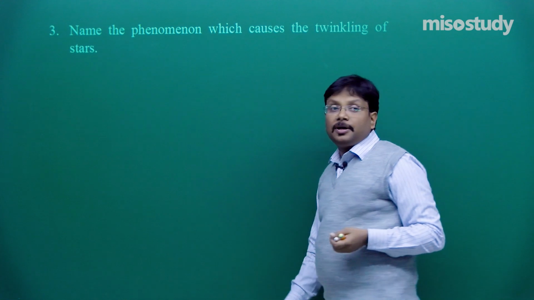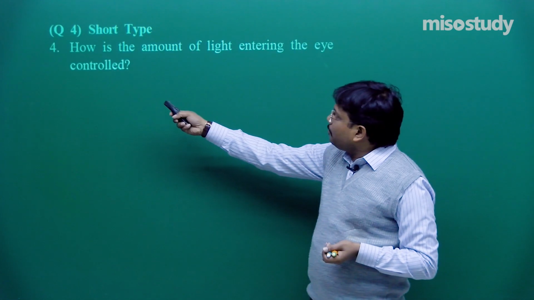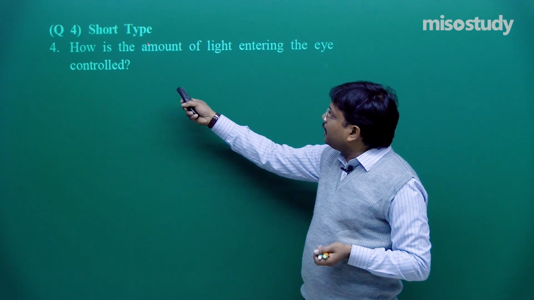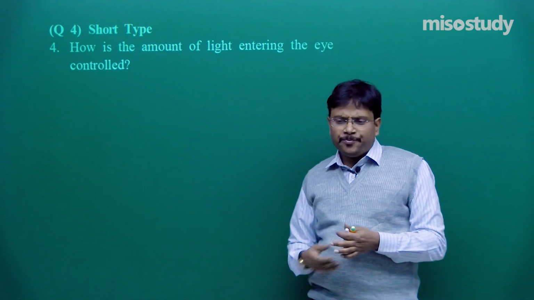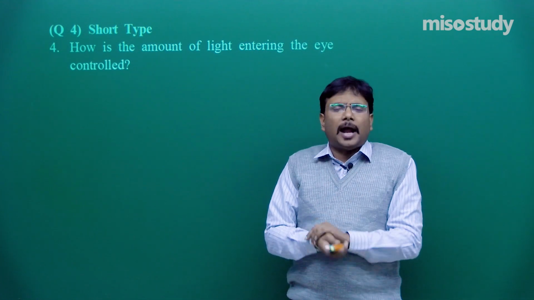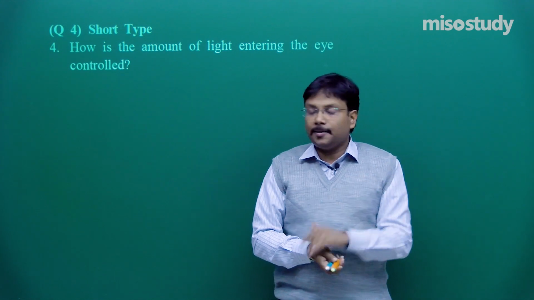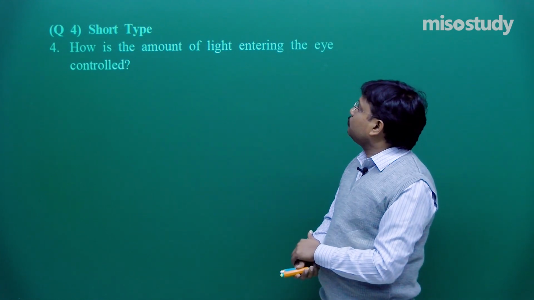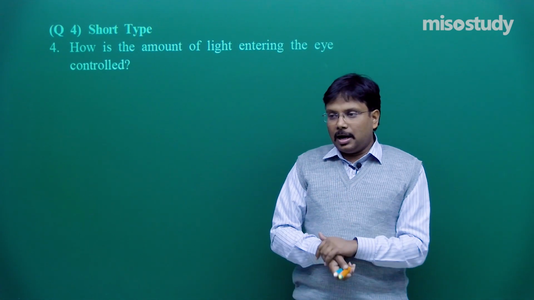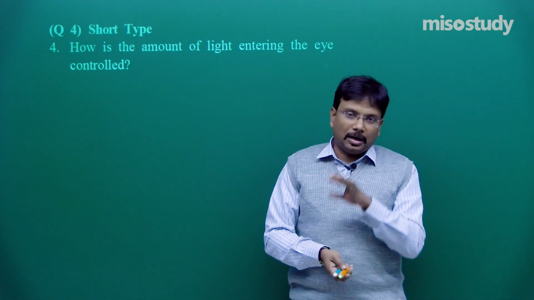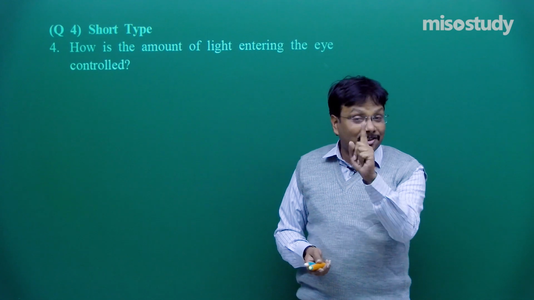Now comes question number 4, and question number 4 is of a different type. This one is a short answer question, which means you have to write at least a line or 2 lines. So, how is the amount of light entering the eye controlled? The answer of this question is one single word, but it is not for 1 mark, and that is the basic difference.